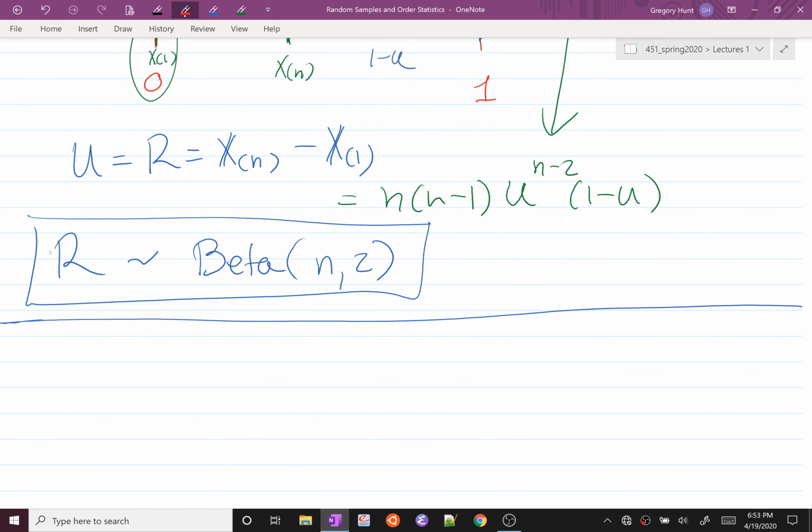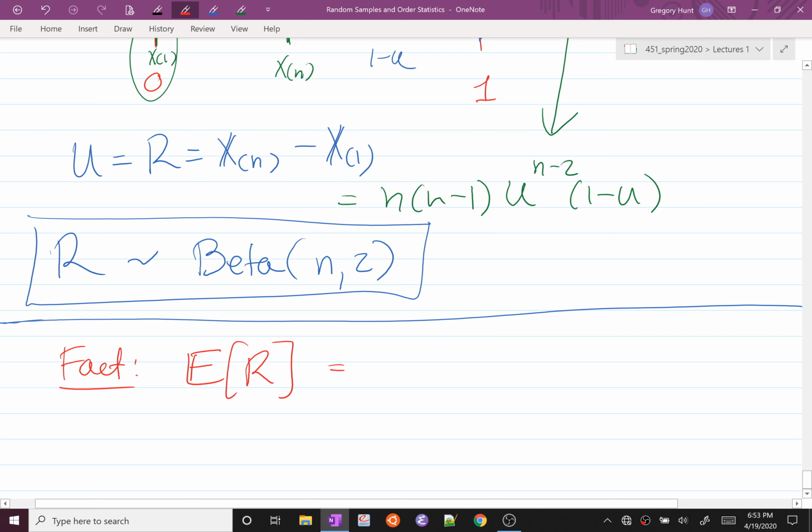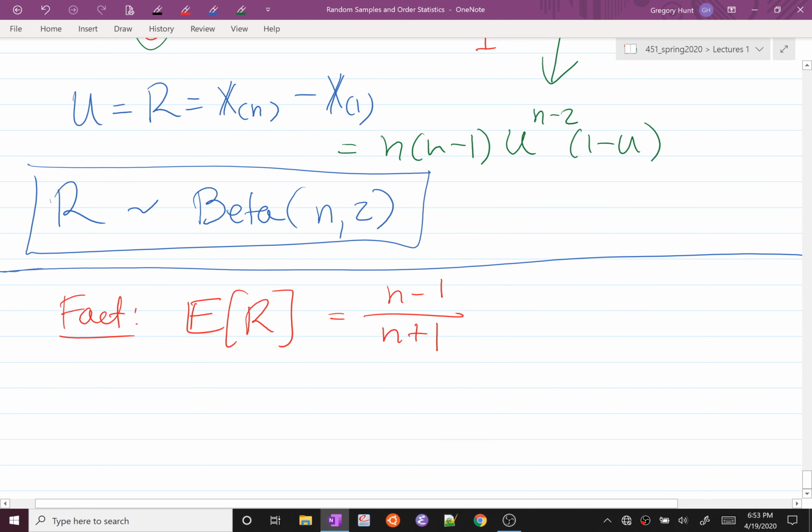And so a cute little fact here is that if you look up the expected value of a beta n, 2, so if the range has a beta n, 2 distribution, the expected value of my range will be n minus 1 over n plus 1. And that's just the expected value of beta n, 2.